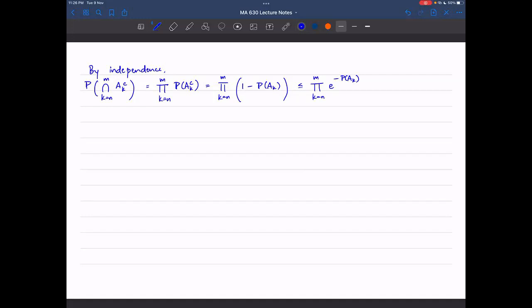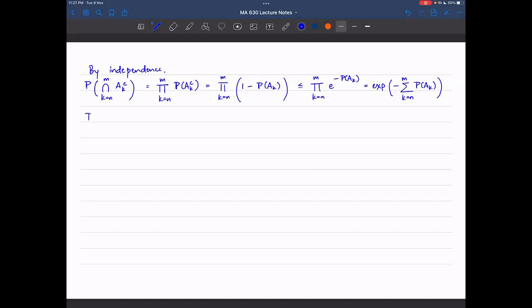And what is this thing? Now I'm taking a product of e to the something. So when I'm taking the product of e to the something, I'm going to get e to the summation of the exponents. So I'm going to get e to the minus sum k going from n to m, P of ak. All right. Okay, so what do I have?